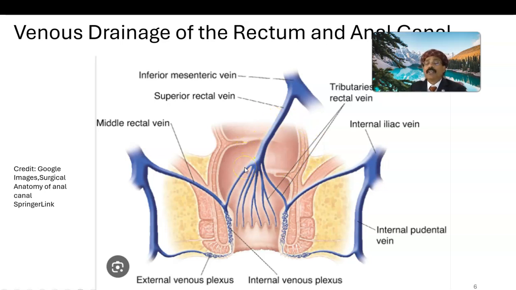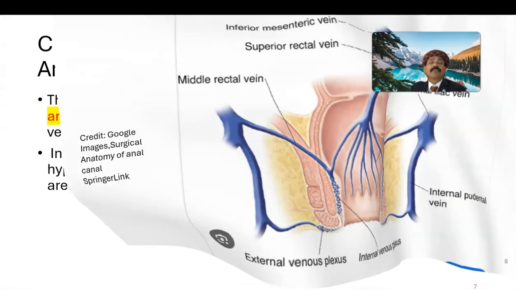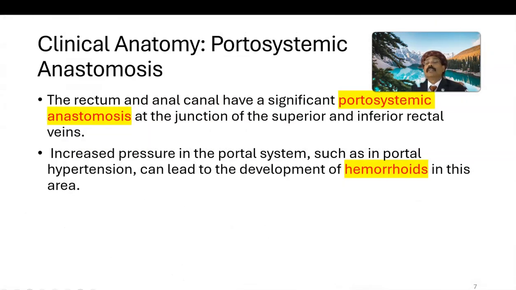There is an anastomosis, but it will be very prominent in portal hypertension, like cirrhosis of the liver, cancer, or pregnancy. There will be increased pressure in the venous system, and that may lead to piles.